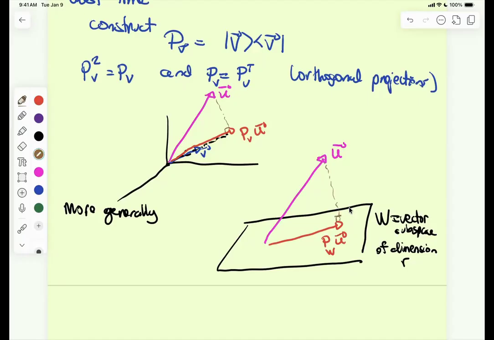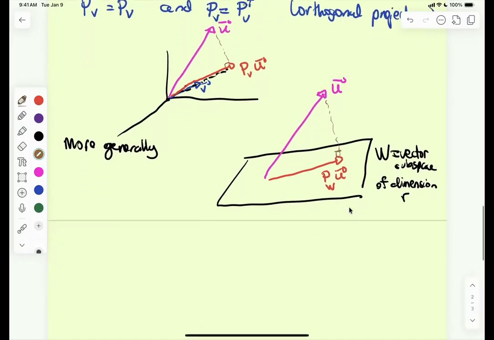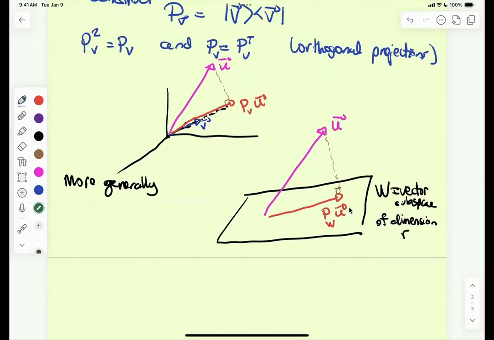I know this is a terrible picture, but hopefully you know what I'm trying to say. So you find basis vectors W1, W2 up to WR, an orthonormal basis of W.